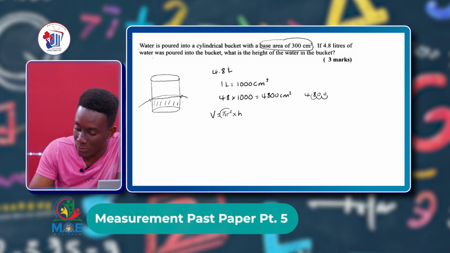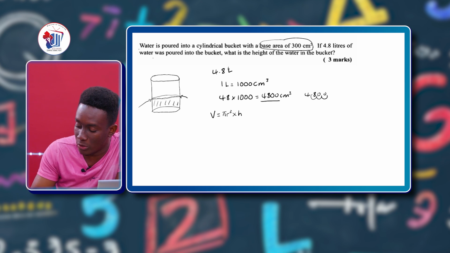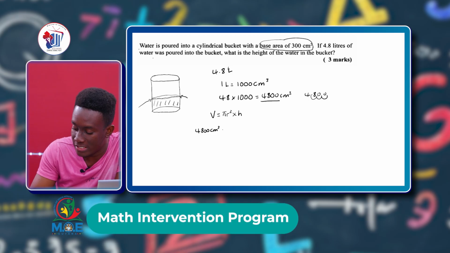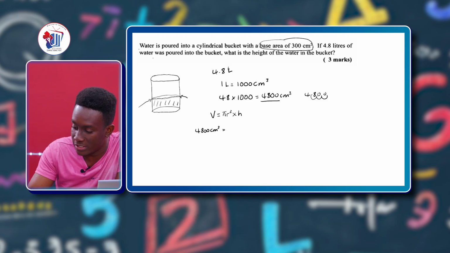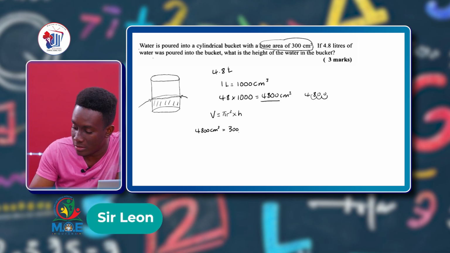So this here would be 300 cm squared. So we can substitute what we know now. We know the volume is 4,800. So it's 4,800 cm cube is equal to the base area, which is 300 cm squared, multiplied by the height.